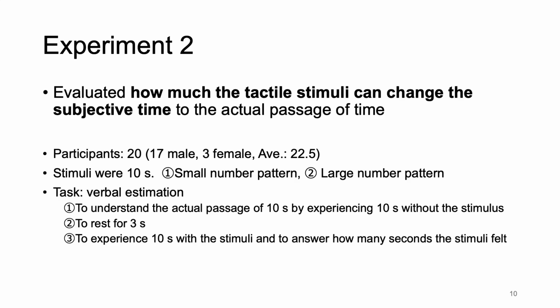Firstly, participants understood the actual passage of 10 seconds by experiencing 10 seconds without stimulus. After resting for 3 seconds, participants experienced 10 seconds with the stimulus, and answered how many seconds the stimulus felt. This was conducted for 2 stimulus patterns.